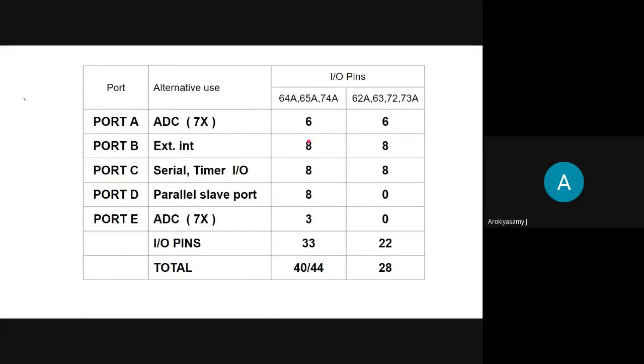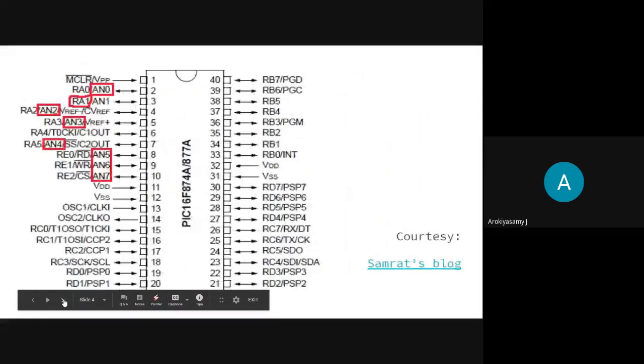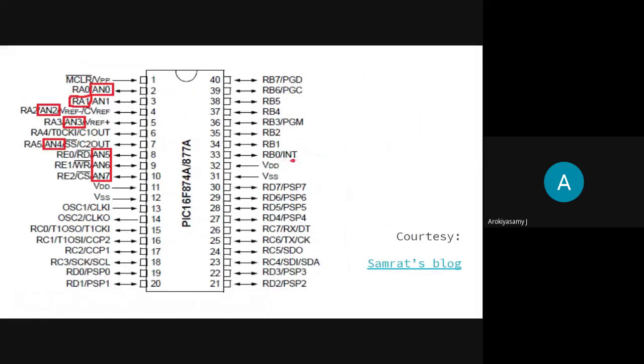These 8 pins are used for port B as well as external interrupt handling. Coming to the pinout diagram, RB0 is also used for giving the external interrupt, INT.